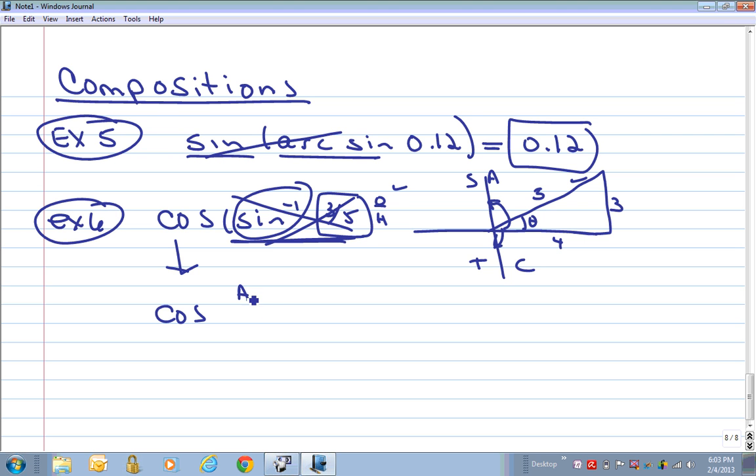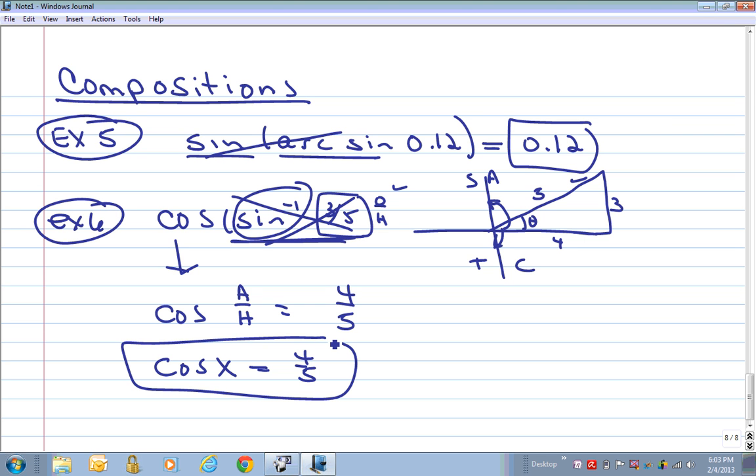Cosine is adjacent over hypotenuse, so your final answer would be 4/5. So you could say cosine x equals 4/5, and then really what you would do is say the whole thing: cosine of inverse sine of 3/5 is equal to 4/5.